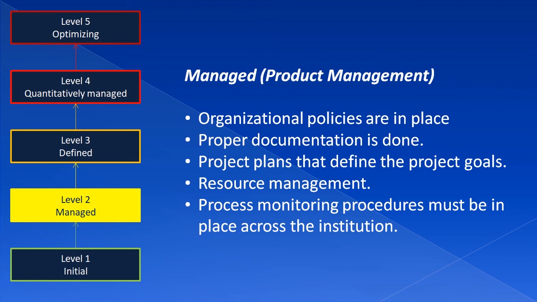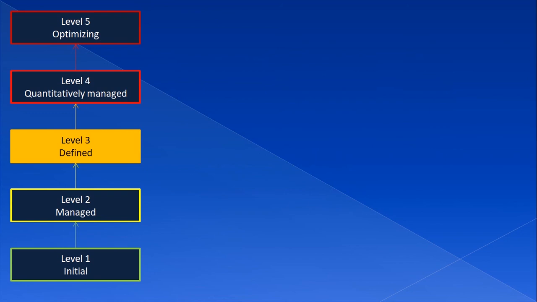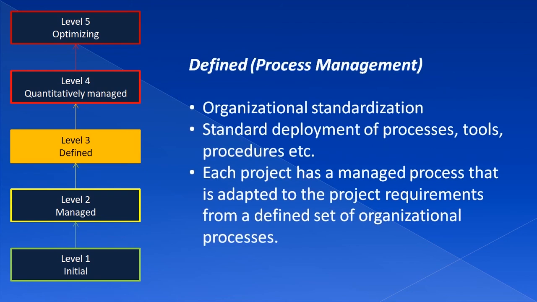They have goals, and they manage their resources, so wastage is less. Process monitoring is there. That type of organization is called managed. They manage their product. And then comes level 3, right? Hard to reach level 3.